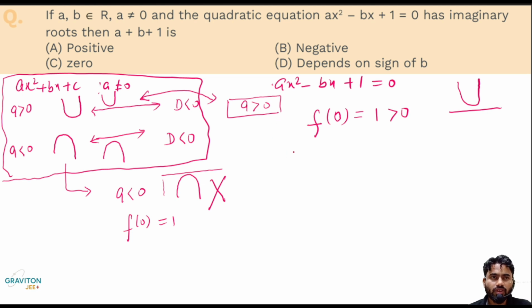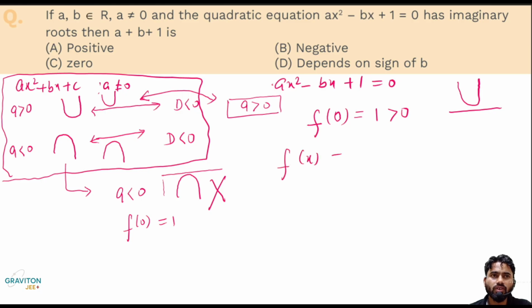Now, a is positive and f(0) we already have positive, and I already told you that if at any point the expression gives a positive value, that will be positive for all x. So just put x equal to -1.